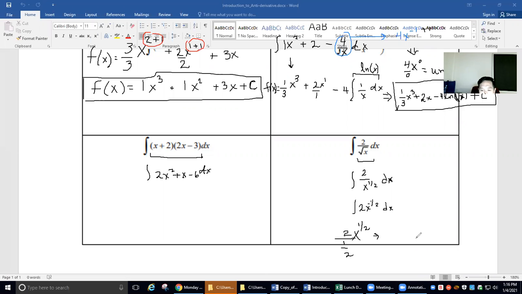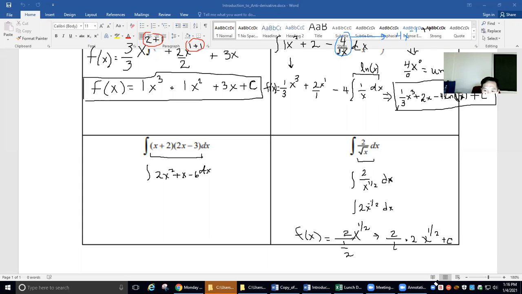So instead, this is what f of x is going to look like. When I divide by a fraction, I can instead multiply it by its reciprocal. So this would be 2 over 1 times 2 x to the 1/2. And then I'm going to write at the end plus c.